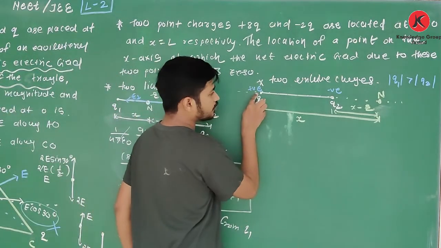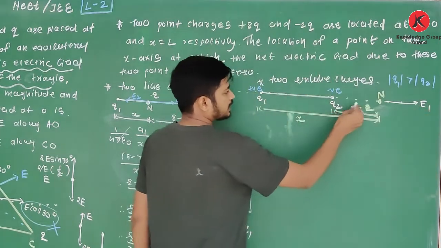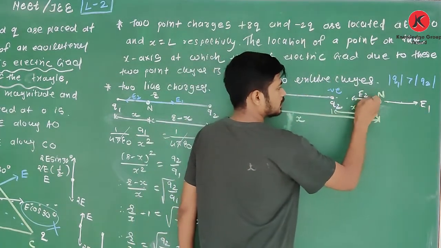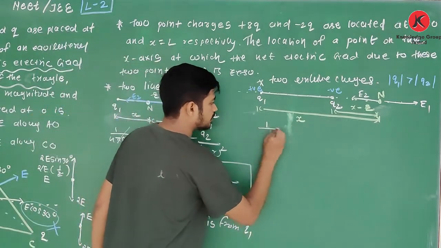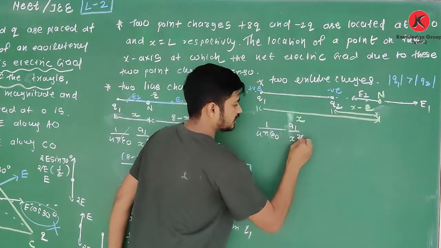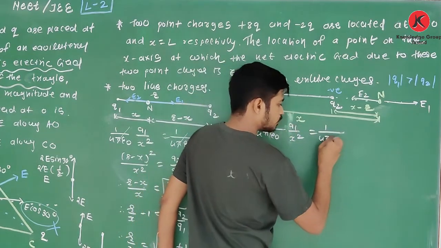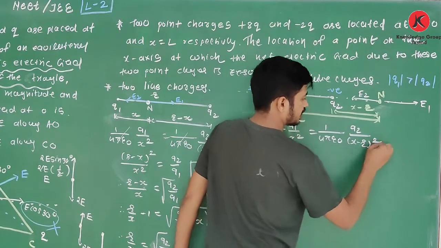Due to this positive charge, the direction is outside, and for this negative charge, the direction is inward. They are in opposite directions, and now if their magnitudes become the same, that is 1 upon 4 pi epsilon 0 Q1 upon x square is equal to 1 upon 4 pi epsilon 0 Q2 upon x minus r whole square.